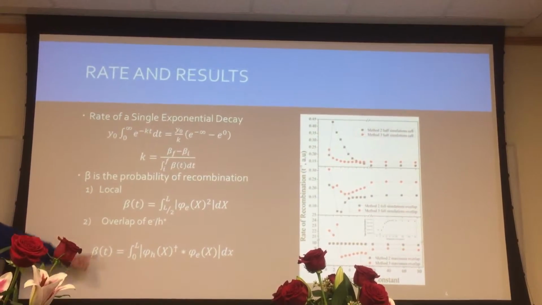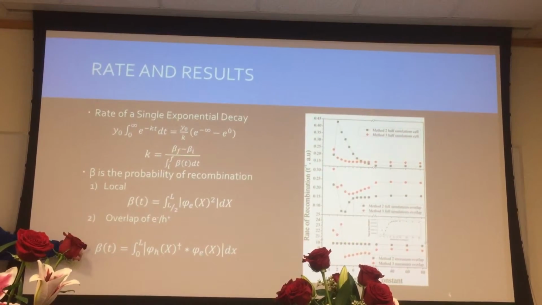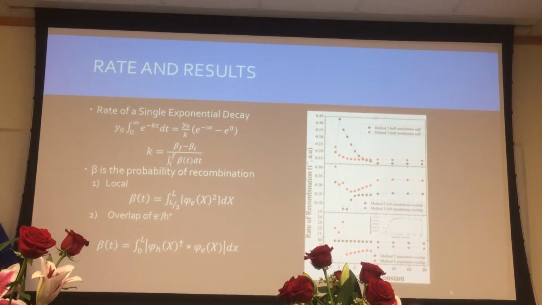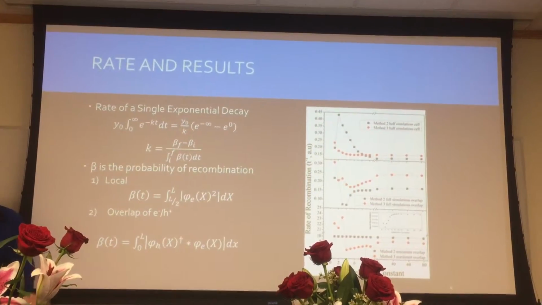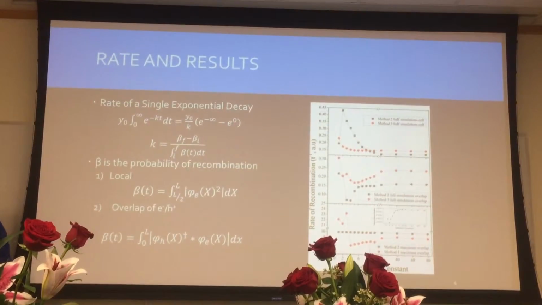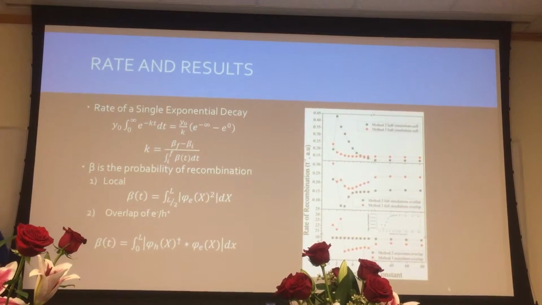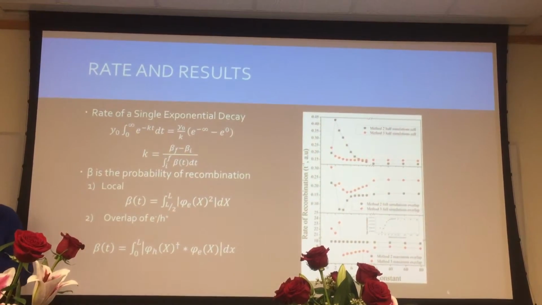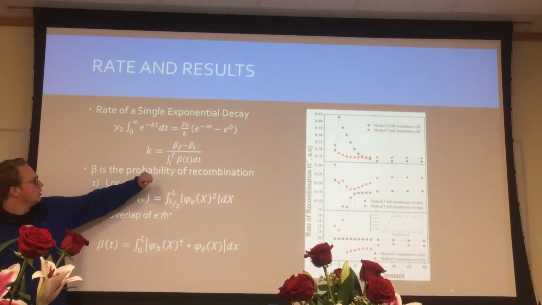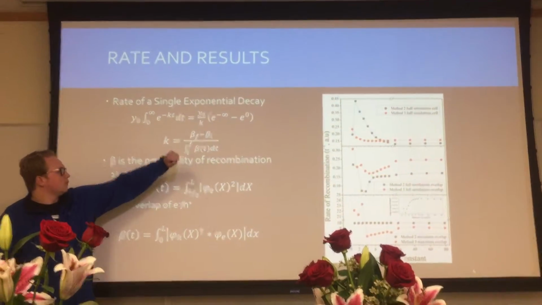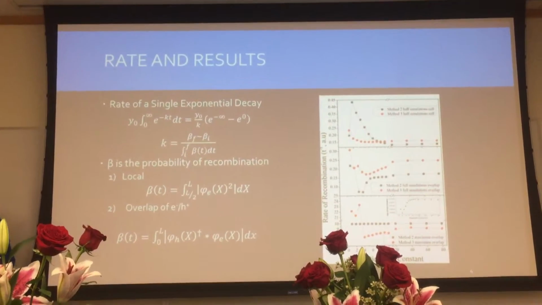I did it where I just integrated like everyone else, but then I did the overlap of the electron and hole, because you would think if the electron and hole are on top of each other, then there's a probability for recombination. So I also did this, and on top of the second method, I looked at the maximum of the overlap, and I calculated the beta final, where the overlap was maximized.